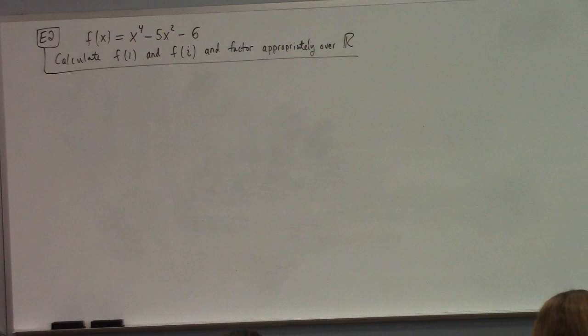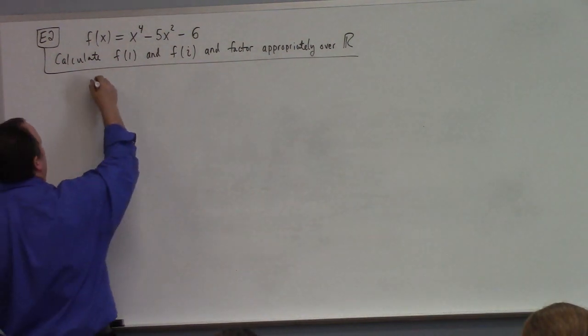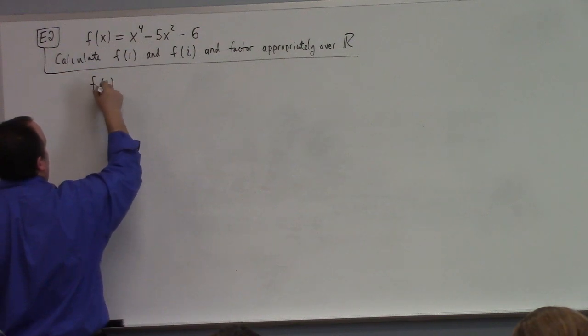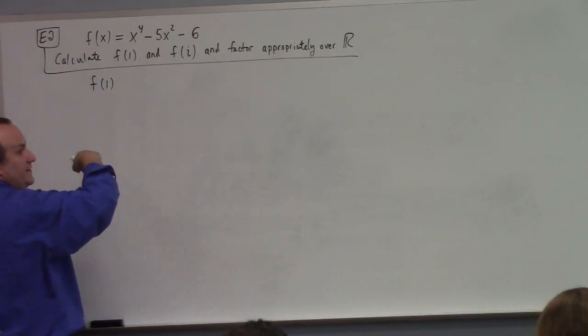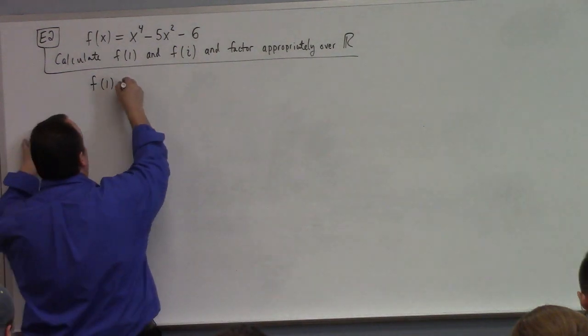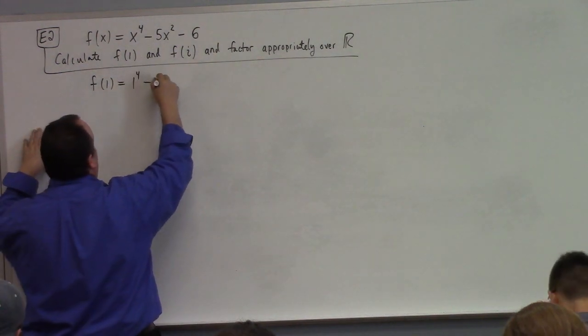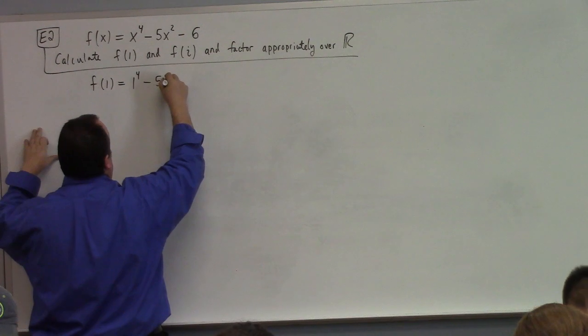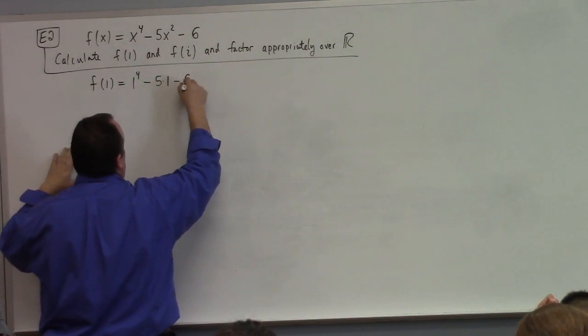So how do we calculate f of 1? F of 1 means that we put 1 in the place of x. So we plug 1 into x, we get 1 to the fourth minus 5 times 1 minus 6.